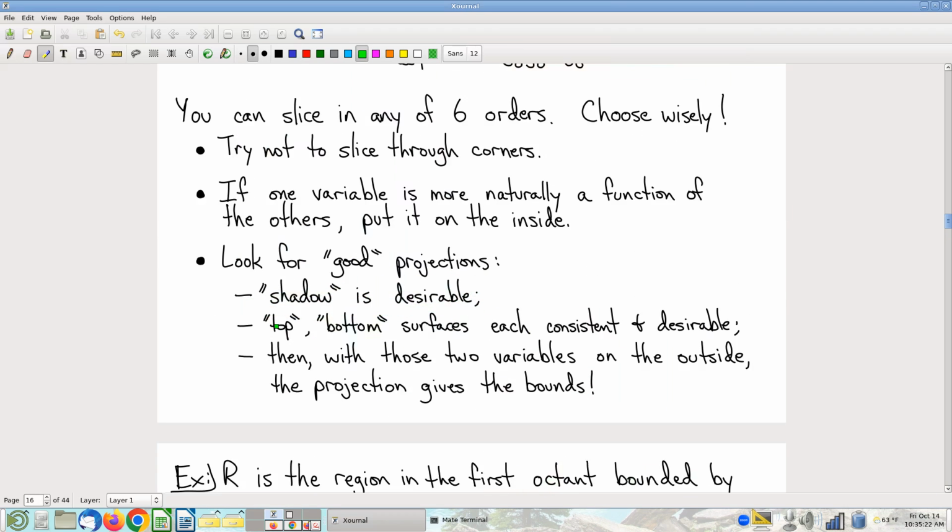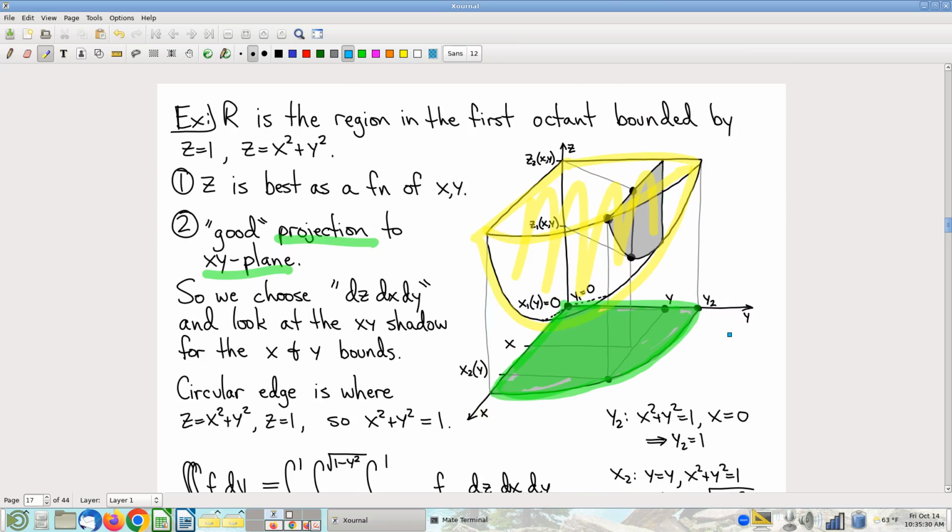Next, the top and bottom surfaces are consistent and desirable. So let me talk about what I mean by that. Top and bottom surfaces says, all right, if I'm looking at a point down here in the projection, and if I look up from there, I get what you might call a slice.